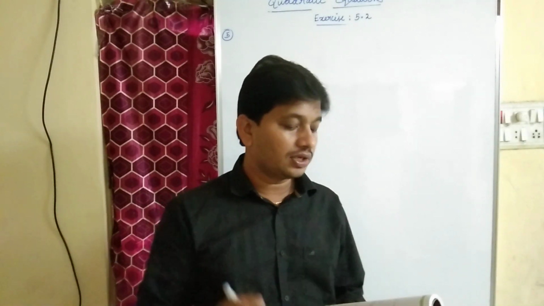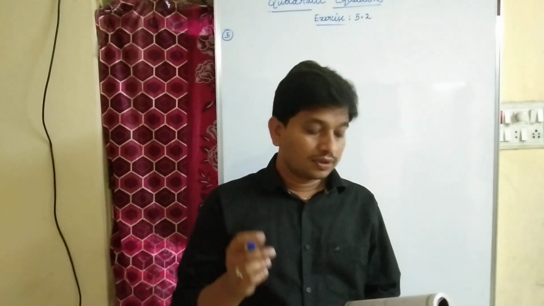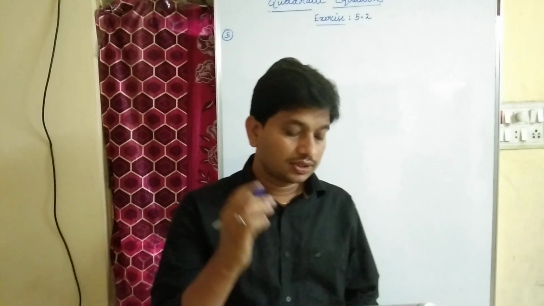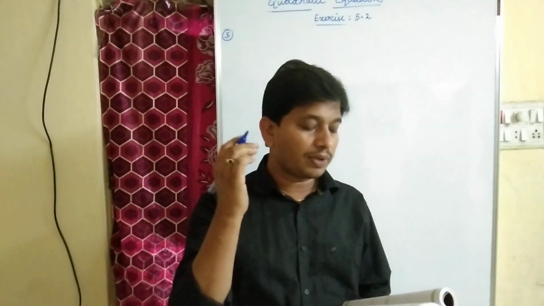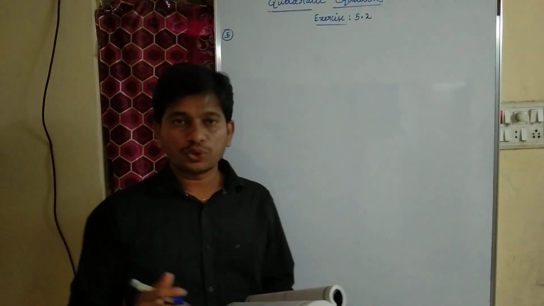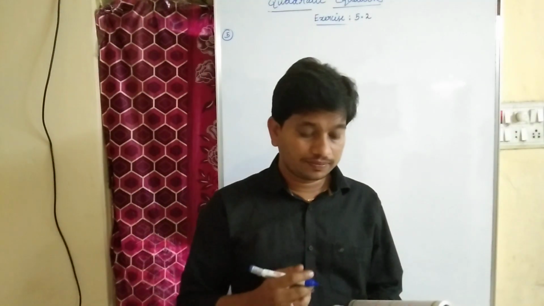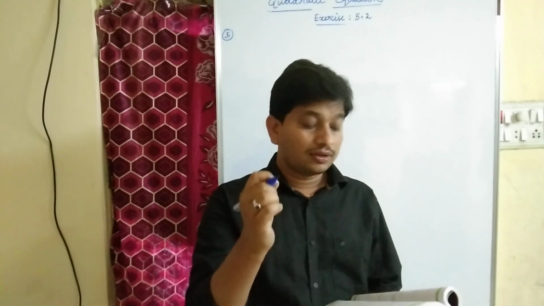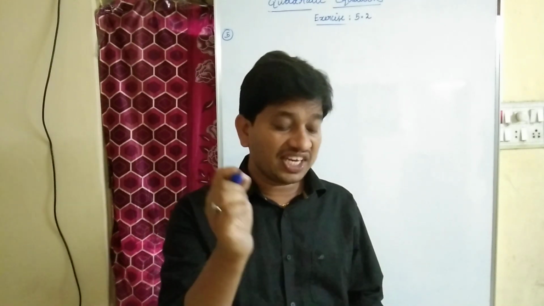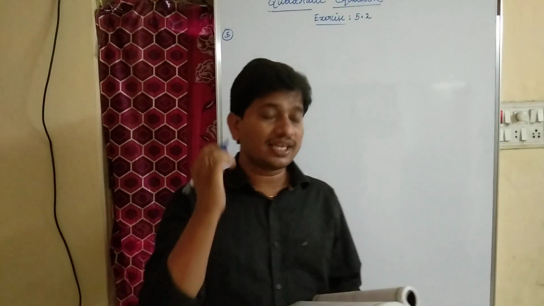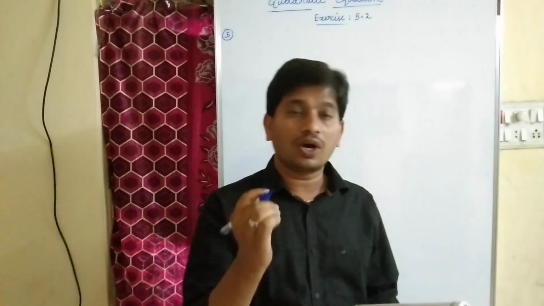It was observed on a particular day that the cost of production of each article was 3 more than twice the number of articles produced on that day. Students, this statement is very important.